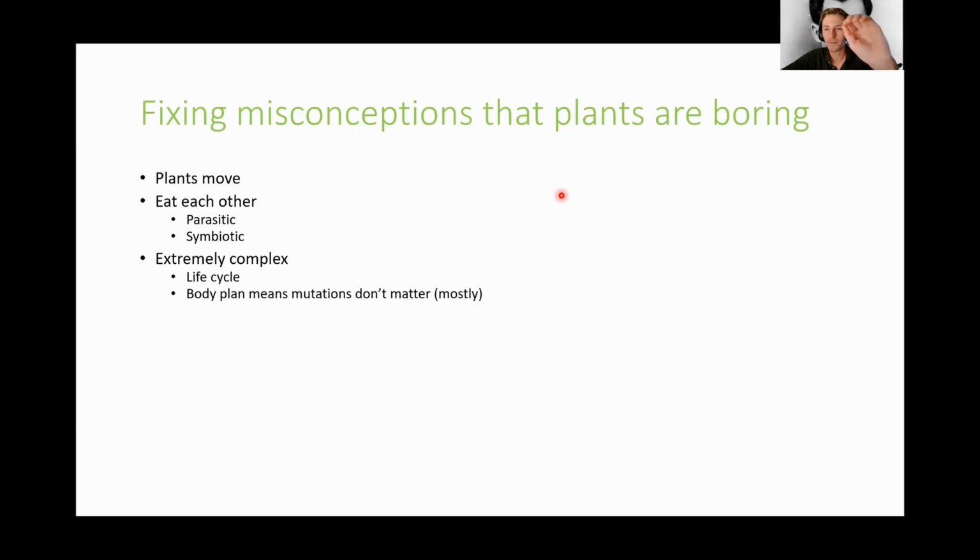Now, this is the very cool part. This is super cool, all right? Plants usually do not die if you mutate. Animals are very sensitive to mutations, and they're very sensitive to damage. So animals are not as resilient as plants are.